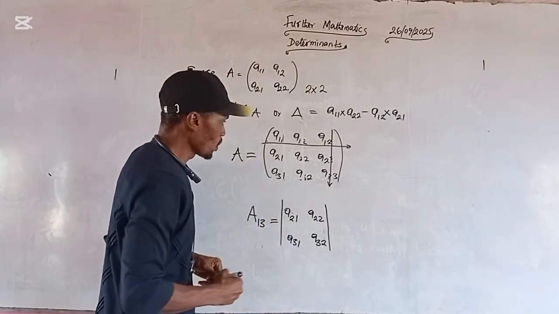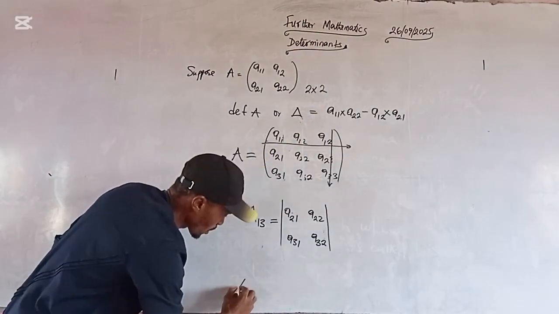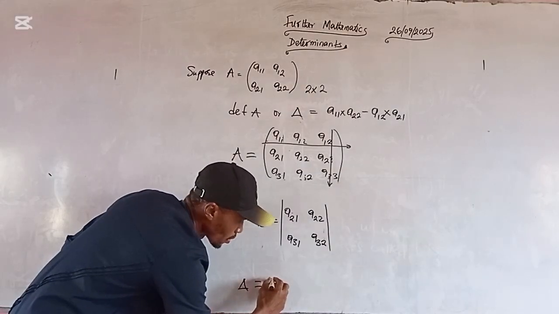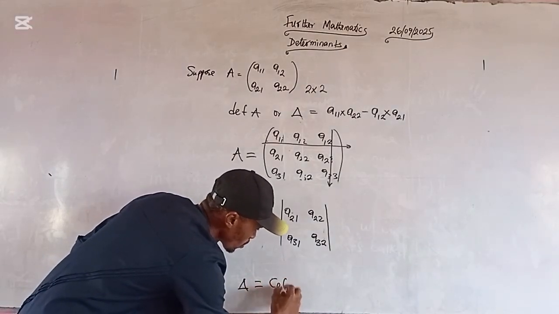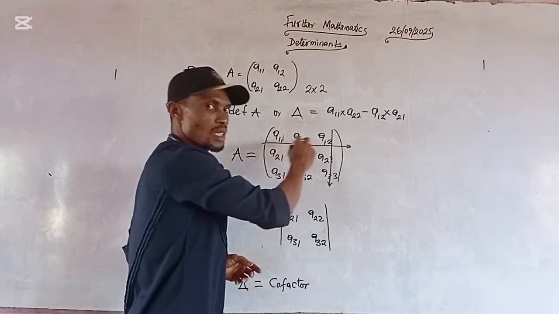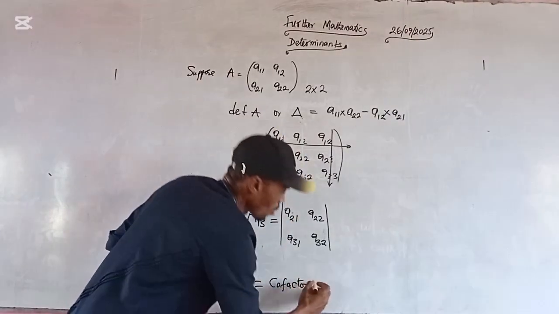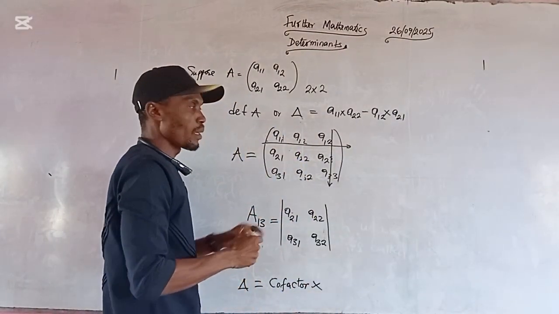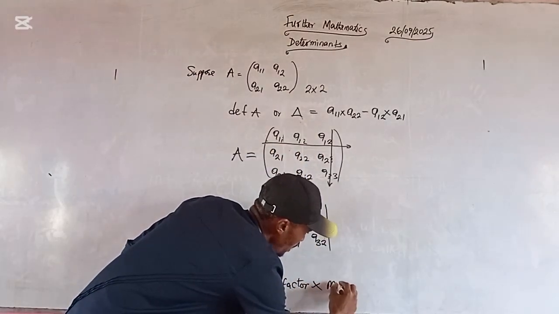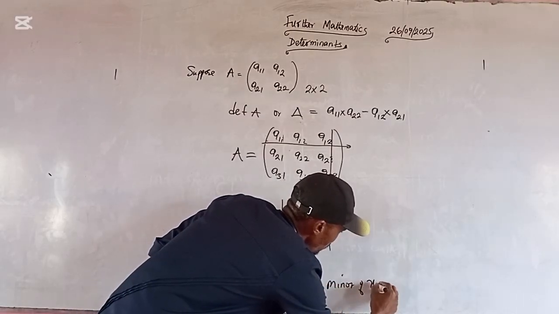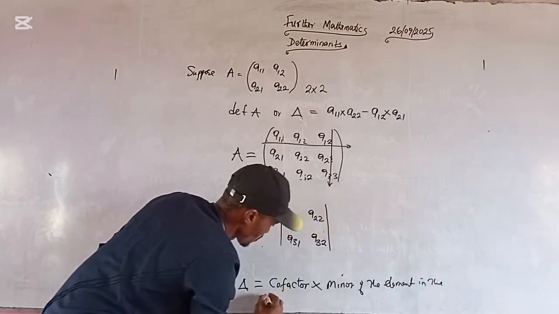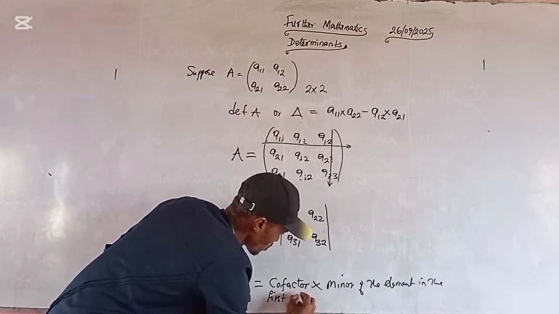So, by so doing, we can now establish our determinant to be equal to the cofactor of each of the elements in the first row multiplied by the elements in the first row.